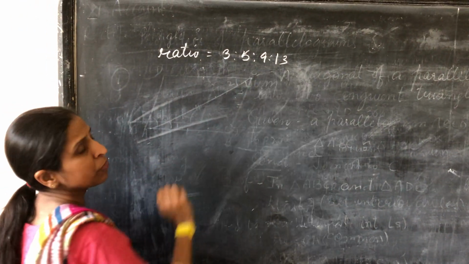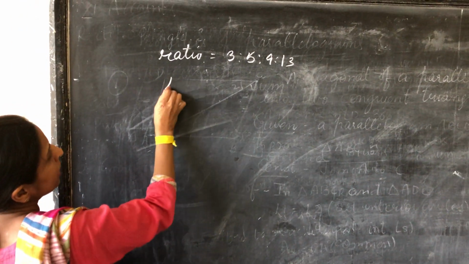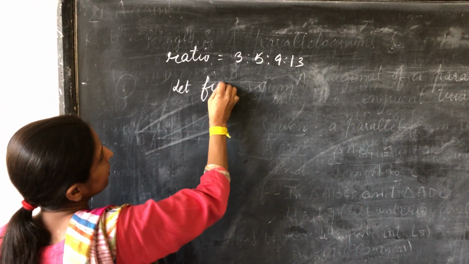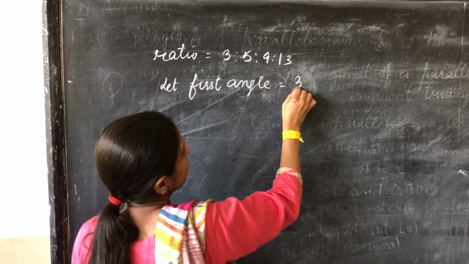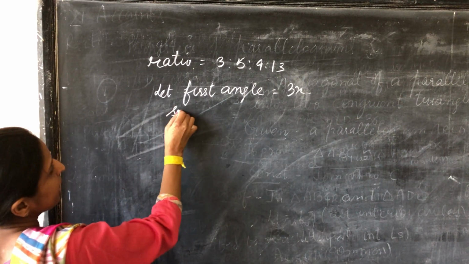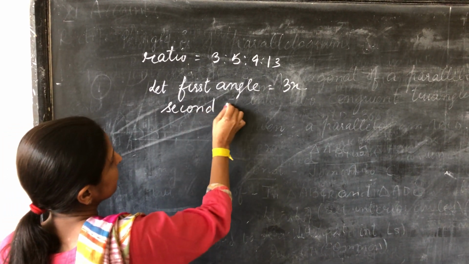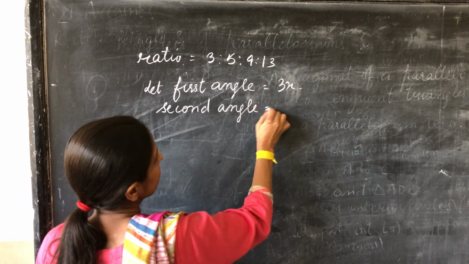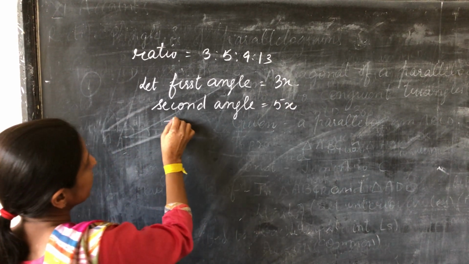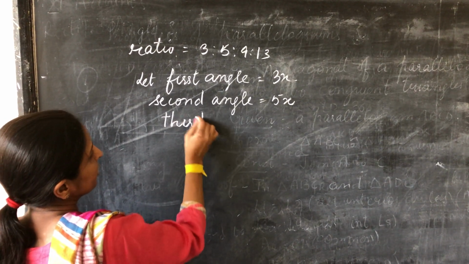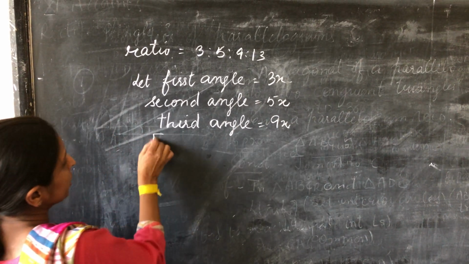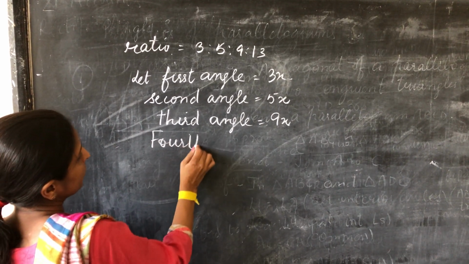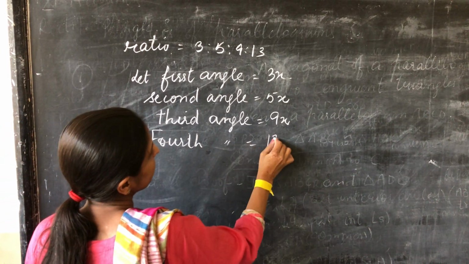This is given in standard form. So we will assume, let the first angle be 3x, then the second is 5x, the third is 9x, and the fourth is 13x.